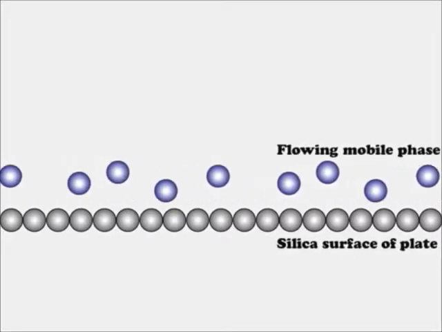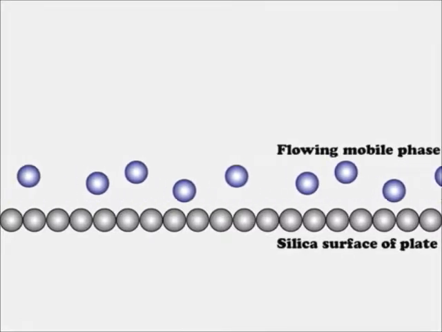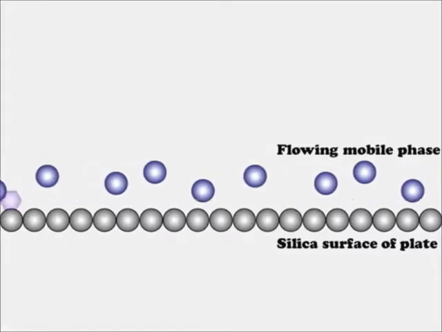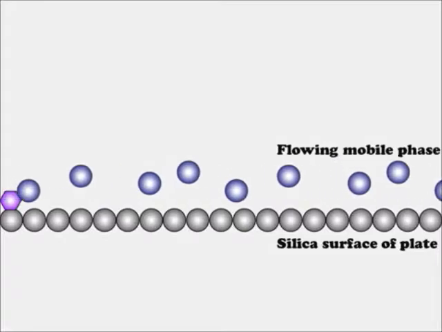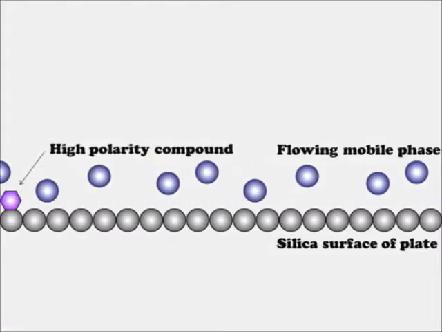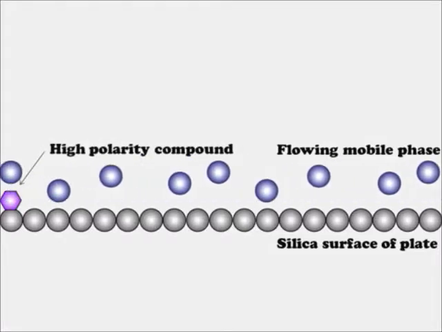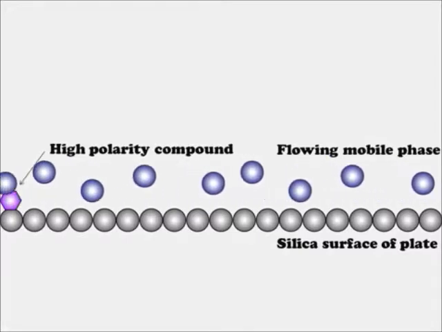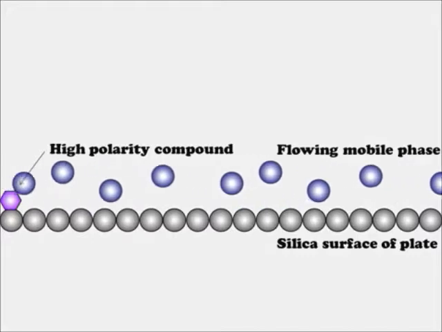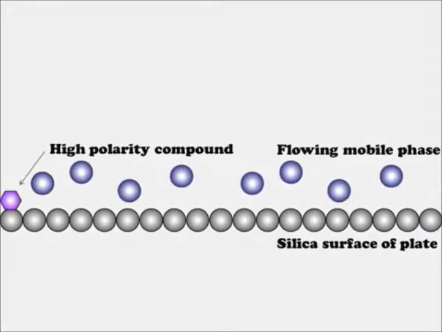These are the stationary and mobile phases. Now, if we introduce one of our compounds to the system at the upstream end, in this case the higher polarity compound, we can watch and view what happens when I release this compound and allow it to do what it does when it's in this chromatographic system. So let's do that now.